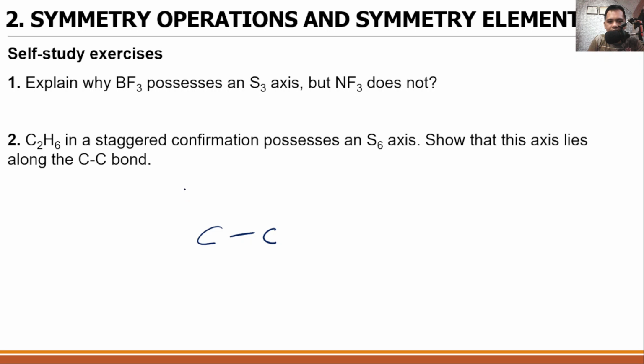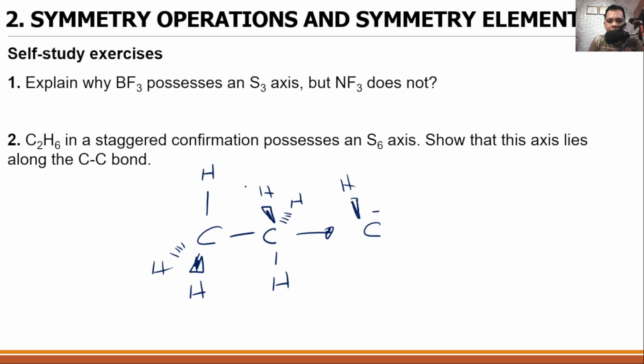So, for that, ayan, drawing natin. We have H here. We have H here. And plane dito. We also have here. And then H dito. H dito. Ayan. So, nagkaroon na tayo ng C3 rotation. After C3 rotation, ganito naging itsura niya. Ayan. So, you need to use your imagination further. Kasi talagang gamit na gamit siya.